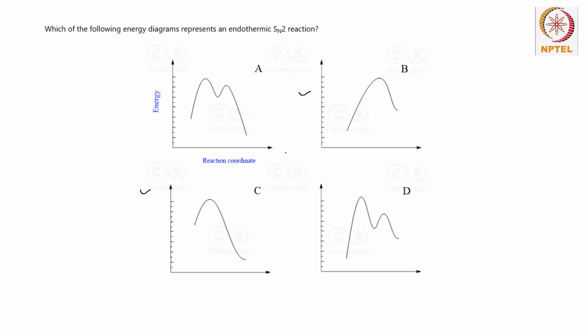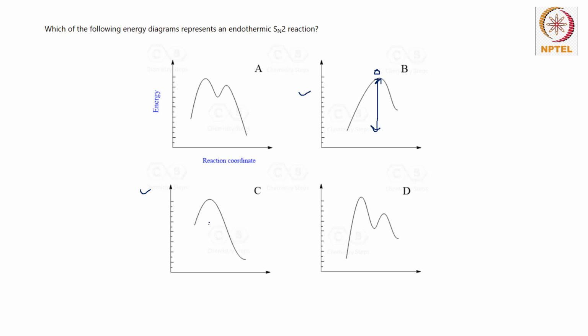Now the question is, what is the energy diagram for an endothermic reaction? In an endothermic reaction, we need some energy to carry forward our reaction. This is the transition state, and this amount of energy is required for our substrate to get activated and go to the activation state where the reaction can take place.